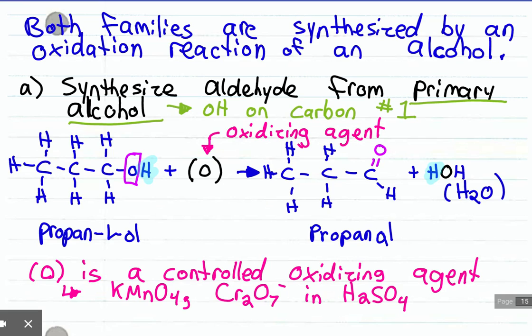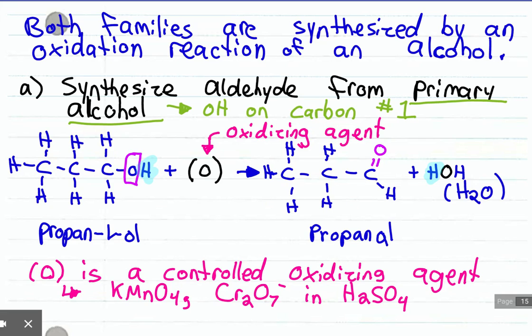And in order for this reaction to happen, we have to have an oxidizing agent, which can be any of these substances. So potassium permanganate or dichromate in H2SO4. You need one of these oxidizing agents for this reaction to happen.